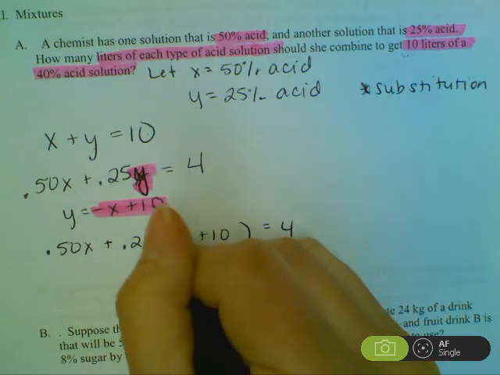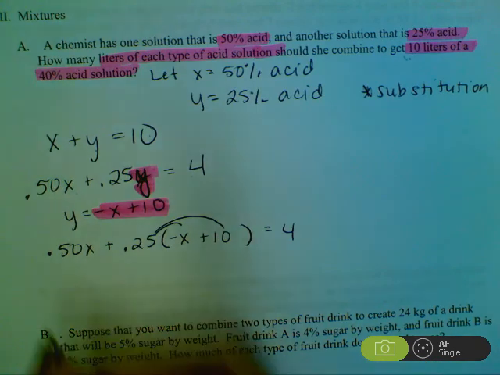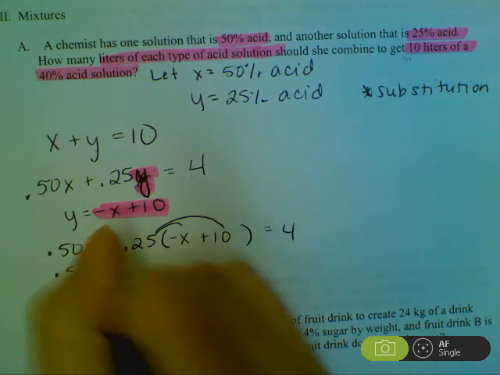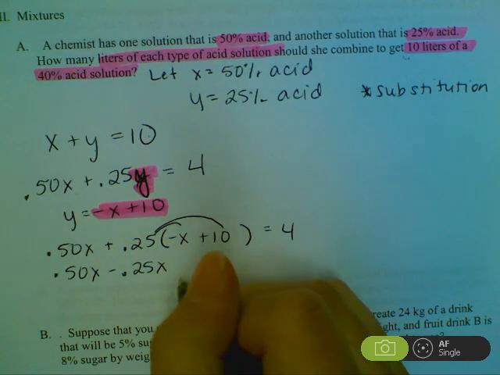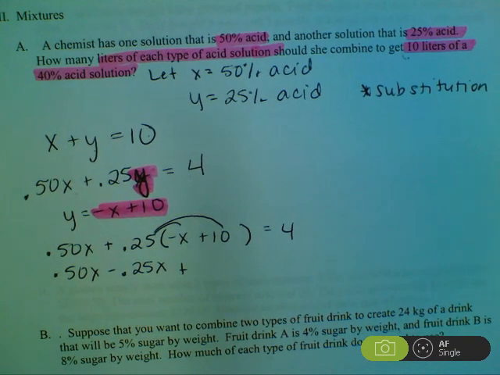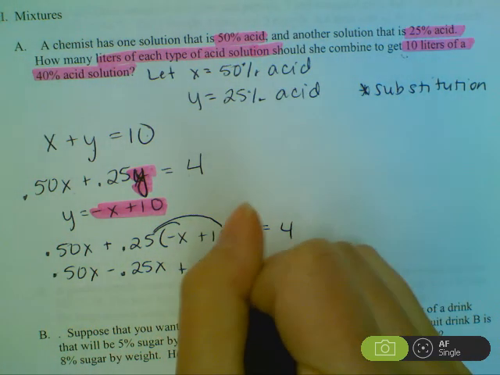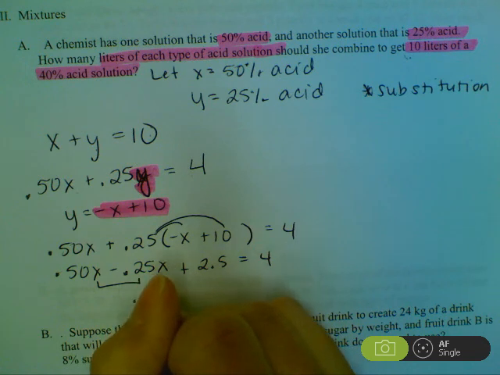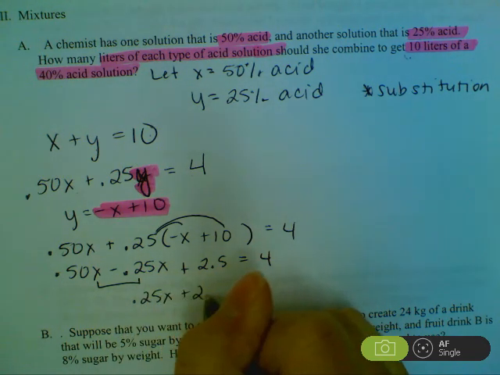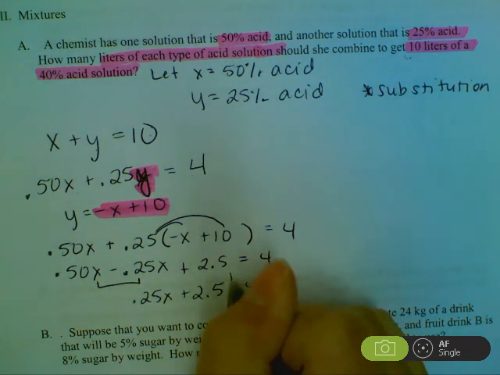Now you need to distribute, and don't let the decimals scare you. When you distribute the 0.25 to the negative x, it's minus 0.25x. 0.25 times 10 is 2.5, and altogether that equals 4. Combine like terms and you get 0.25x plus 2.5 equals 4.